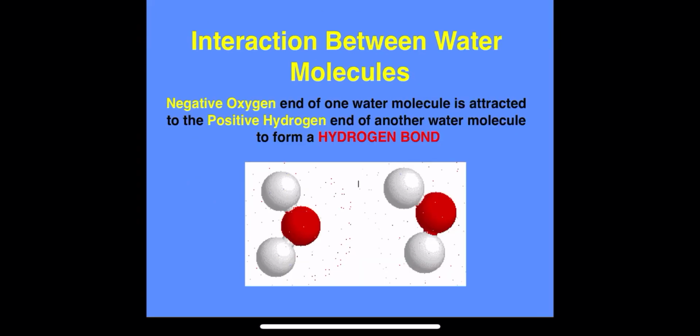There's an interaction between water molecules. The negative oxygen end of one water molecule is attracted to the positive hydrogen end of another water molecule to form a hydrogen bond. That's why water holds its form, connected by bonds.